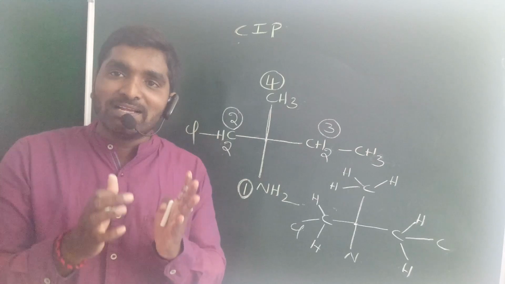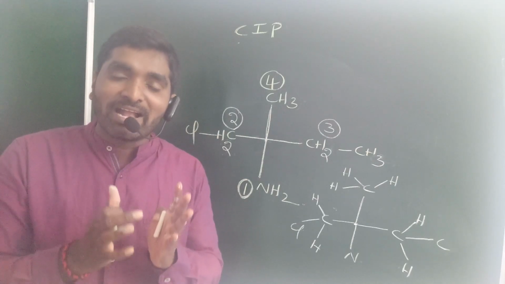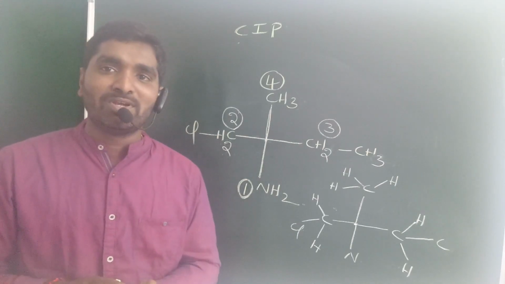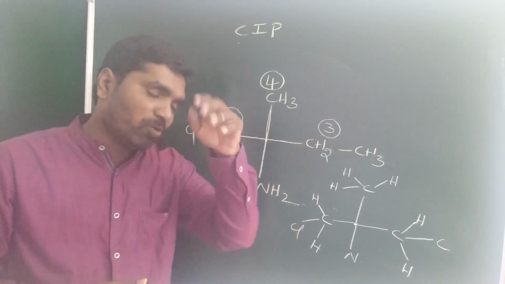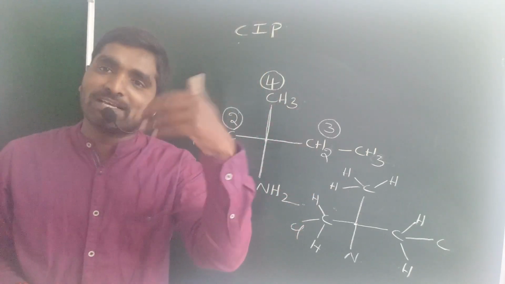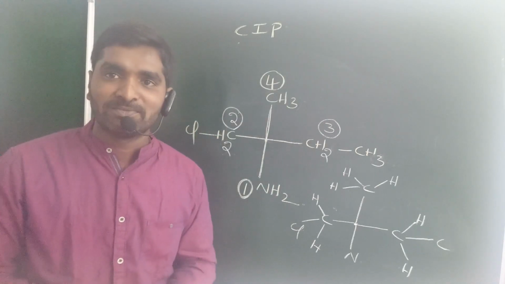So this is the numbering according to the CIP rules. When you know the numbering, you can easily find the RS nomenclature. Okay, no problem, we'll discuss that later in the next class.